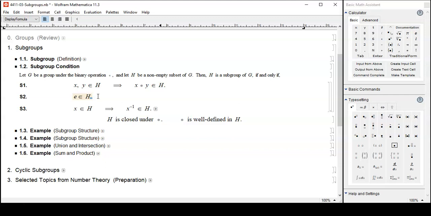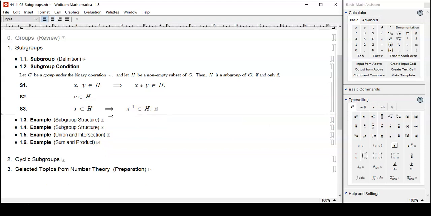We know E is in G, but is it in H as well? And then the same thing goes for the inverse. We know the inverse exists in G, but is it in H? That should be checked. So H is new, so we have to re-establish these three with respect to H. Remember this because we're going to be using this criterion for some problems down here.